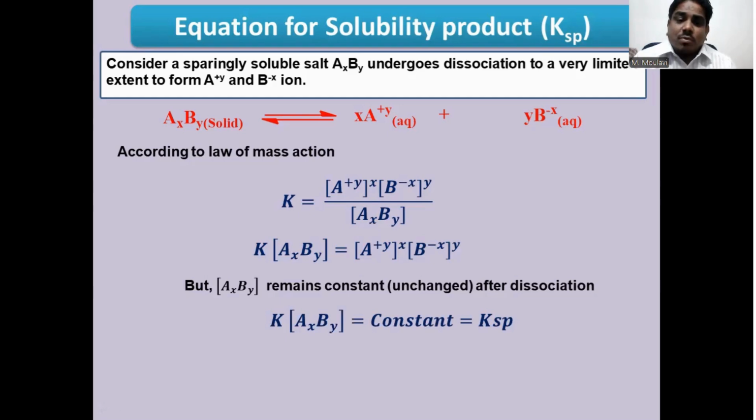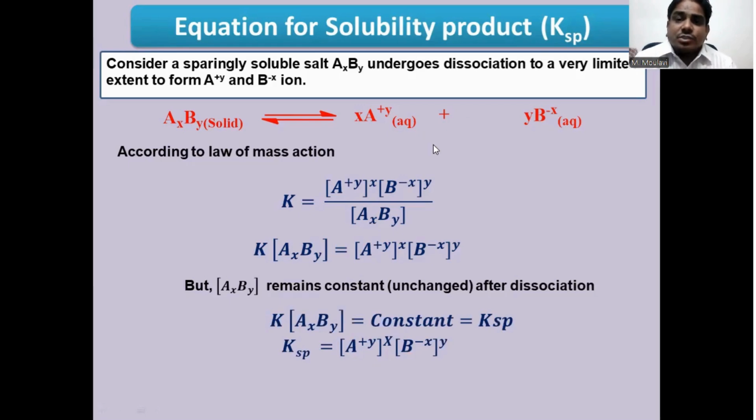So finally the equation becomes Ksp is equal to the product of ionic concentrations of A^y+ and B^x-, raised to the proper power according to the stoichiometric coefficient, meaning x and y are the powers of the concentrations according to the equation.